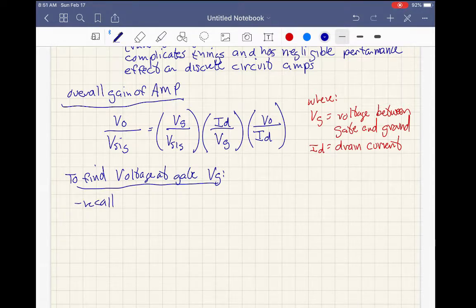Recall from last semester, the input resistance of a MOSFET at the gate is infinity.